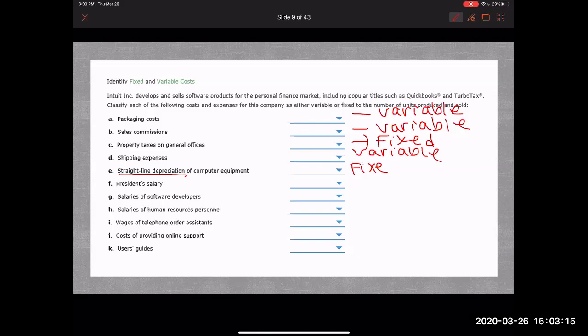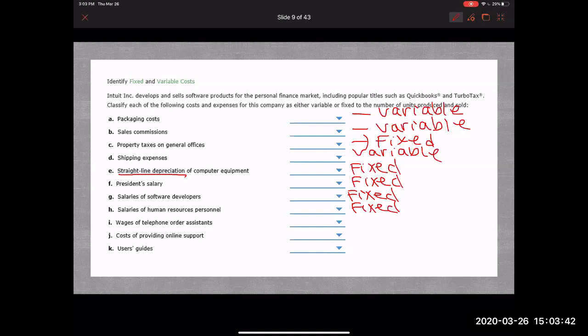No matter what, it will always be fixed. The president's salary is going to be a fixed cost. No matter how much you develop, sell, or market, he or she is still going to get paid the same amount. The salaries of software developers, I'm going to say that one's fixed as well. Salaries of human resource personnel, again, fixed.